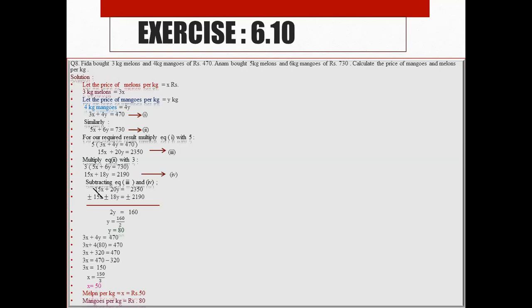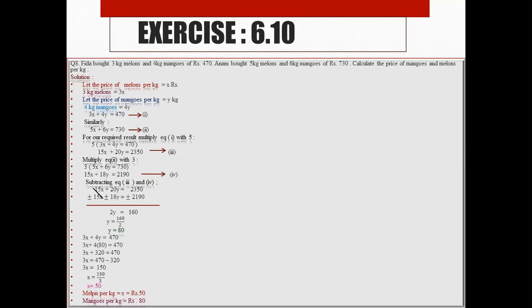Now we have two equations, and in this you see the coefficients of x in both the equations are different, and also the coefficients of y are different. It means that to eliminate any variable x or y, first we equate the coefficient. We make the coefficient in both equations same. We eliminate x.